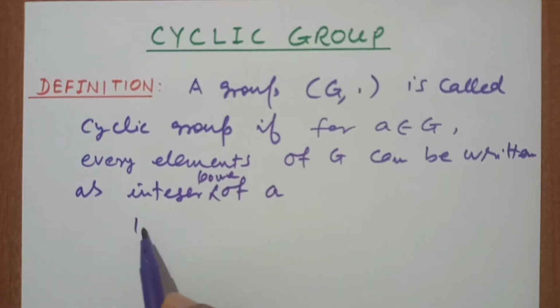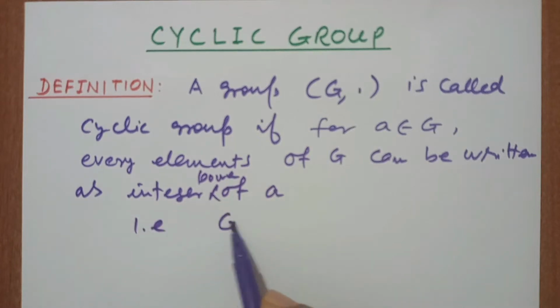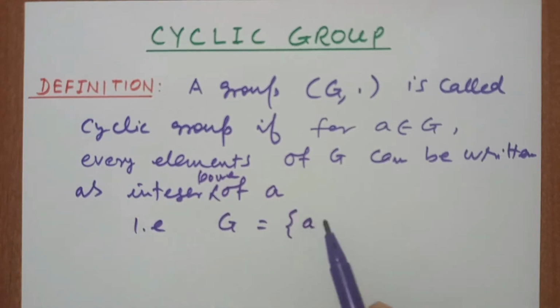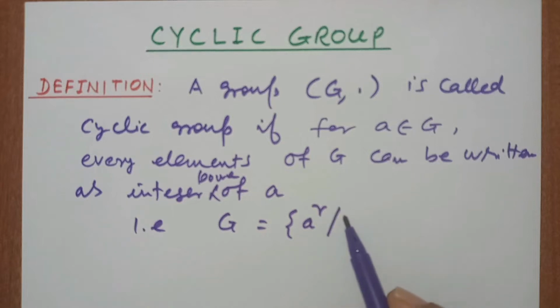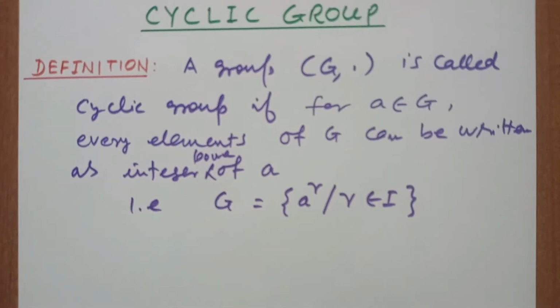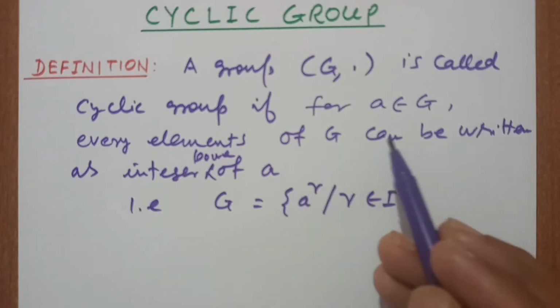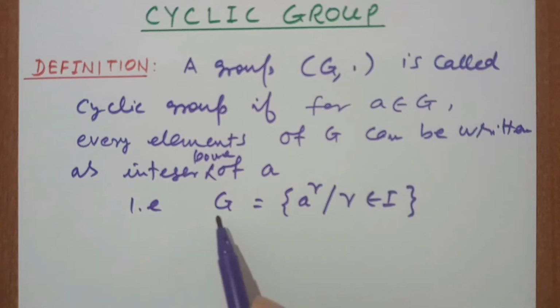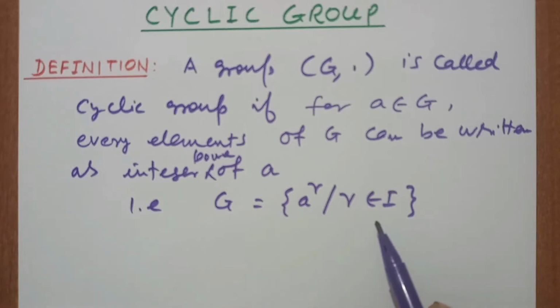That is, G is equal to {a^r such that r belongs to I}. It means every element of G can be written as some integer power of an element of G. So this is called a cyclic group.